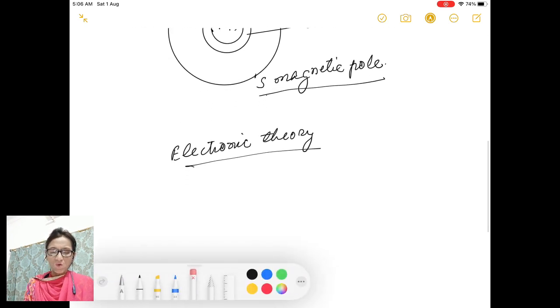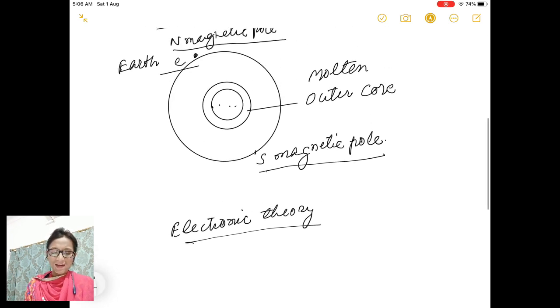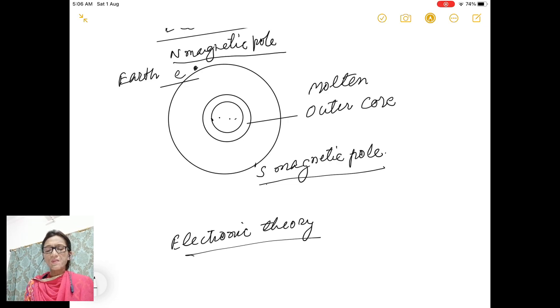There is one more theory, that is the electronic theory. So our earth has an inner part called the core, which is very highly heated, due to which this inner part of earth is in molten form.